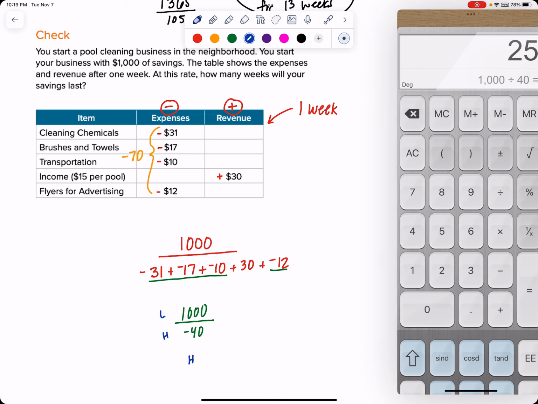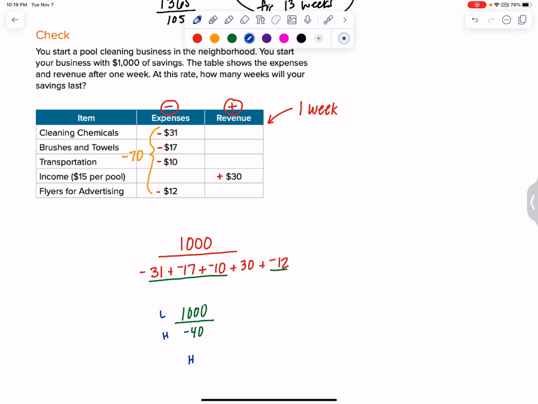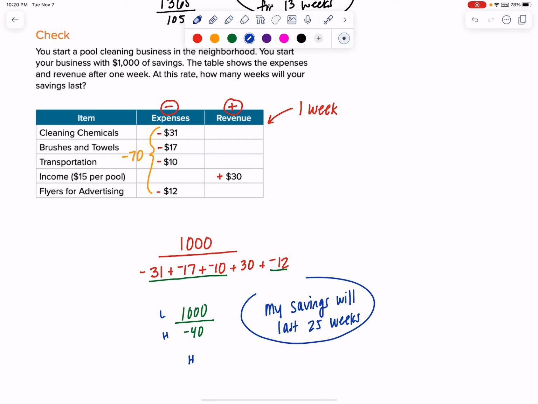Okay, so it'll last about 25 weeks. So my savings will last 25 weeks, because every single time we're losing $40. Okay, all right, so there we go.